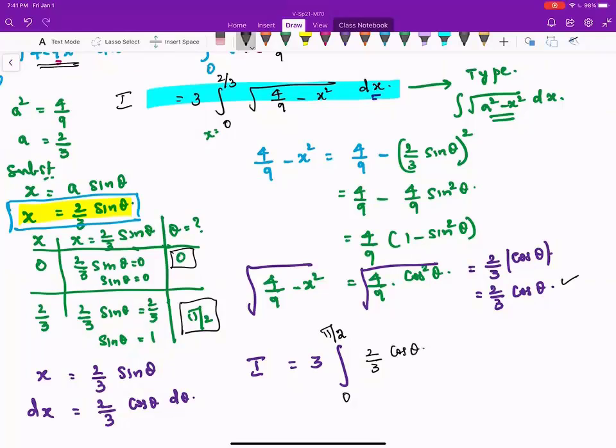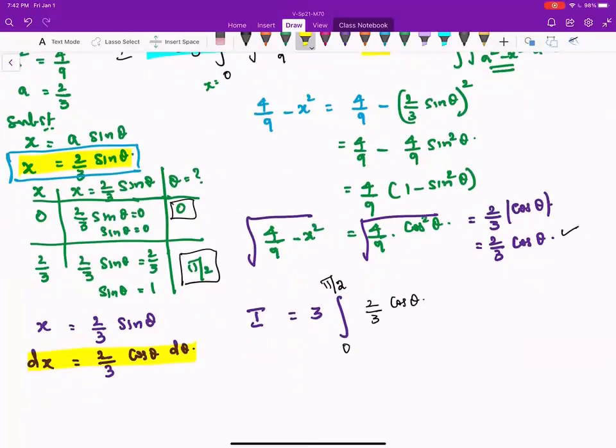Then you have dx, and that dx corresponds to 2/3 cosine theta d theta.